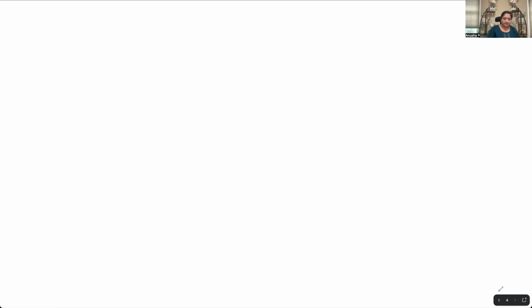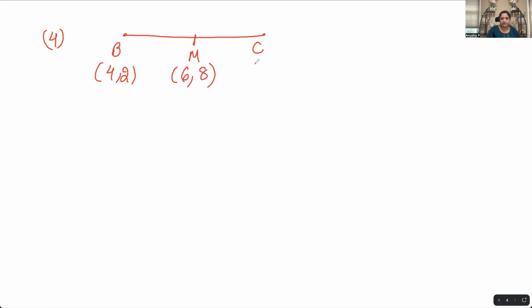Now coming to the last example. They gave you a line segment BC. The B value is 4 comma 2 and the midpoint is 6 comma 8, and they want you to find C, which you will label as x2 y2. The first one we'll consider as x1 y1.